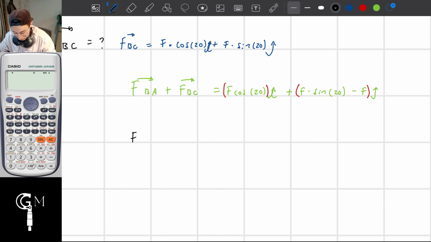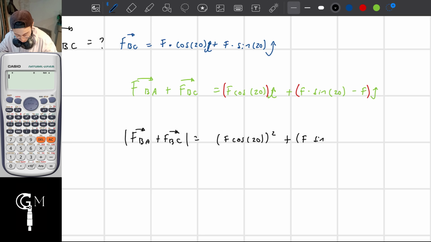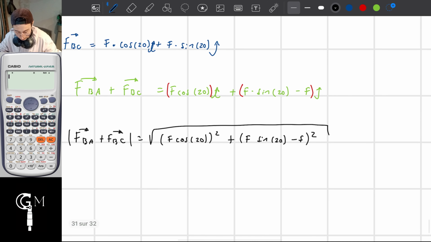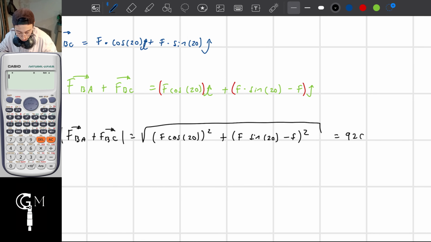The magnitude FBA plus FBC is going to be equal to the square root of F cosine of 20 squared plus F sine of 20 minus F squared, and this is equal to 920 newtons, right?